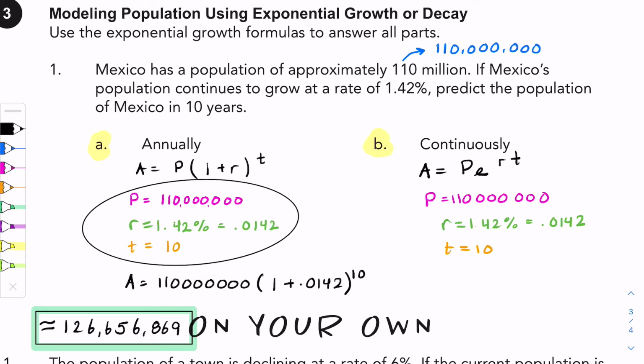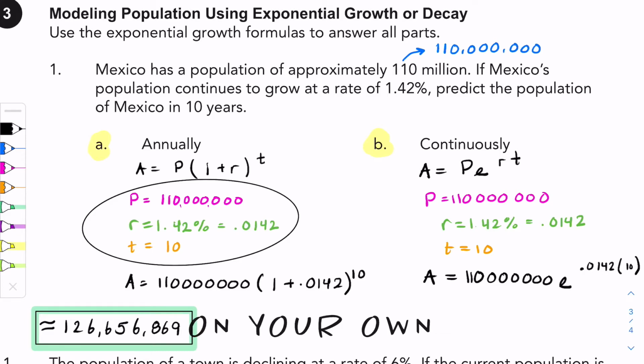But we're substituting this into a different formula. So we have 110 million multiplied by e raised to the power of 0.0142 times 10.